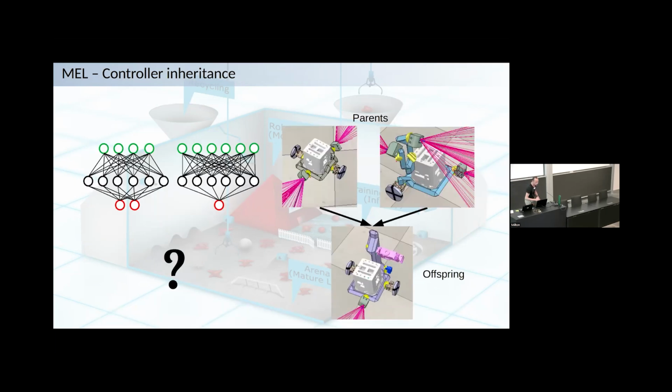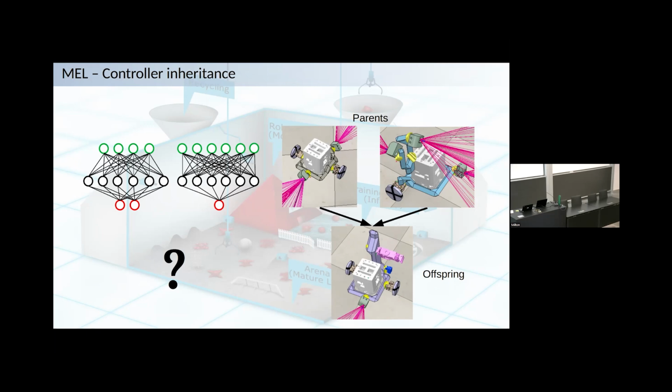All right, so one thing we studied as well, one of the main components of our algorithm, is controller inheritance. If you want to speed up the learning process, it's good to be able to leverage what has been learned in past generations for the new generation to come. But it's not as straightforward because, for example here, this is not an actual lineage, it's just an example.